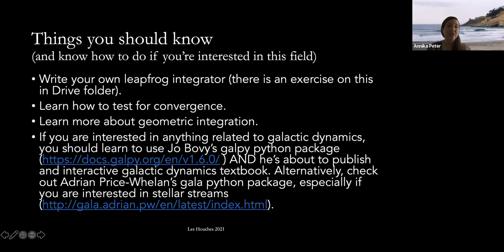And then finally, if you're interested in things like orbits of satellites in the Milky Way, or the orbits of stars and galaxies, then you should really learn how to use Jo Bovy's galpy Python package. If you're interested, especially in tidal streams, I would recommend checking Adrian Price-Whelan's Gala code. So those are all things that are good to try and learn more about.